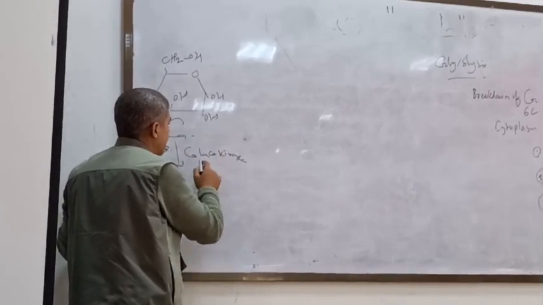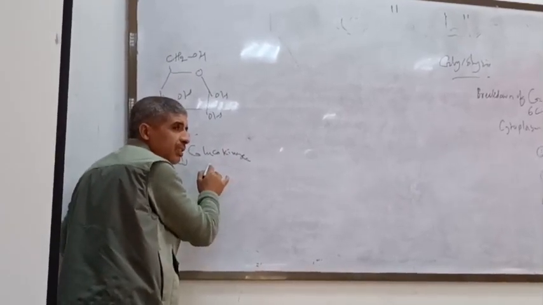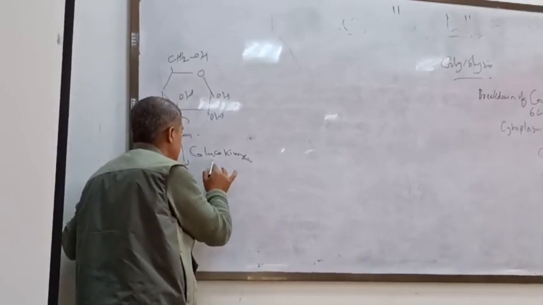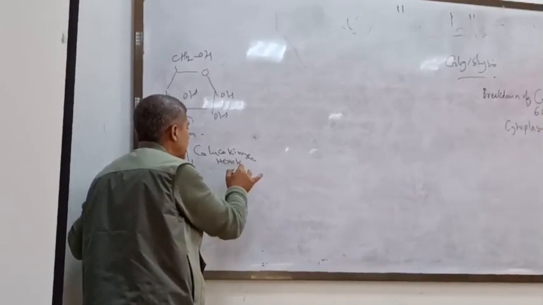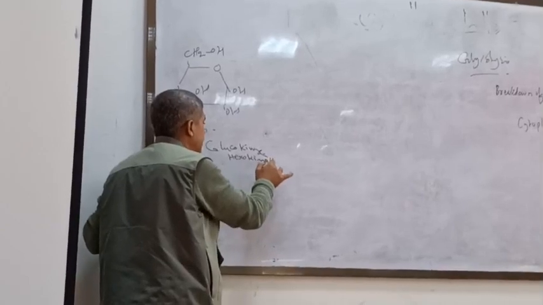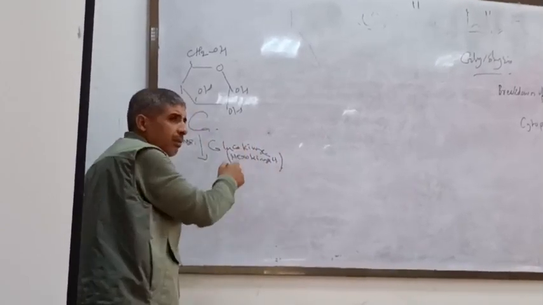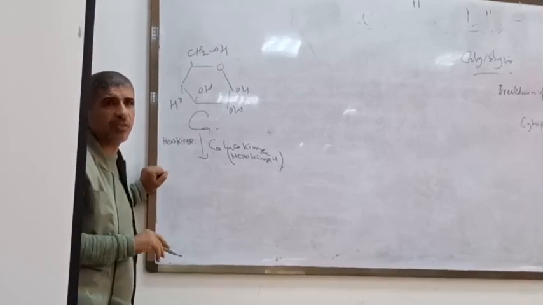Another name for glucokinase is hexokinase number 4. Hexokinase 4 or glucokinase is specific for glucose.